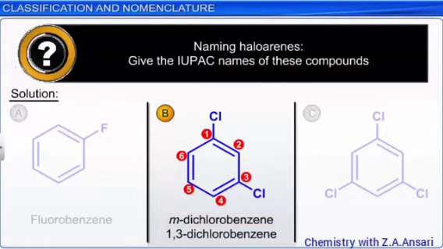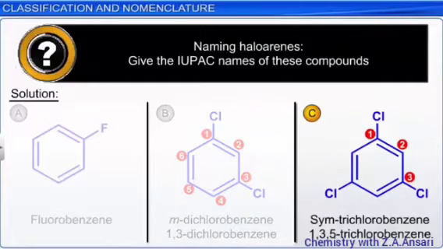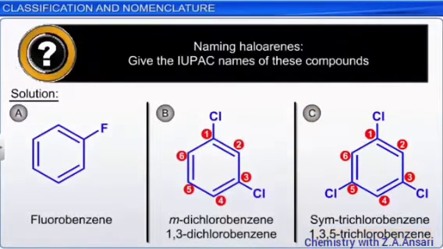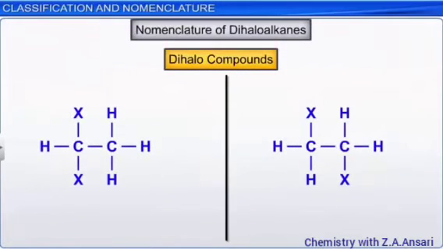Dihalogenated compounds with the same type of halogen atoms can be classified based on whether the halogen atoms are on the same or adjacent carbons. If the 2 halogen atoms are bonded to the same carbon atom, then it is called a geminal dihalide. Geminal dihalides in the common system are named alkylidene halides.